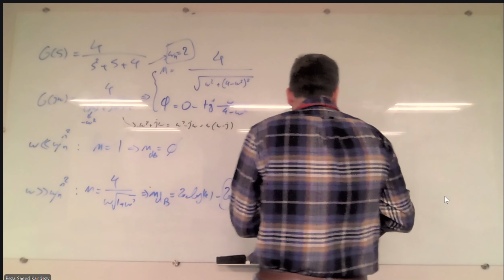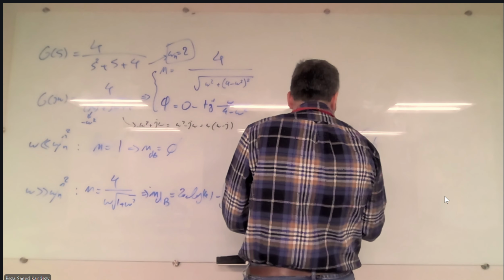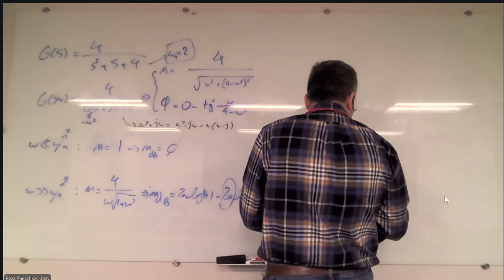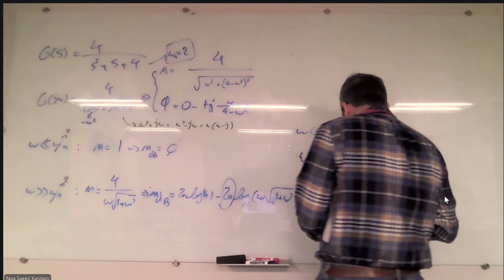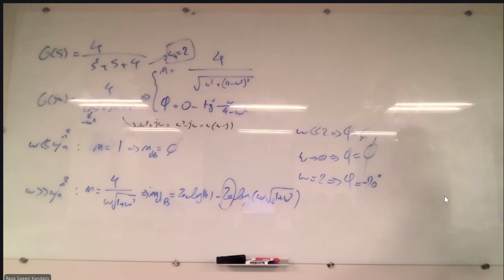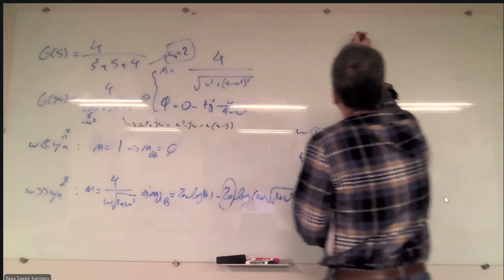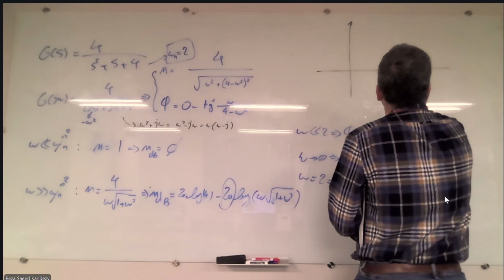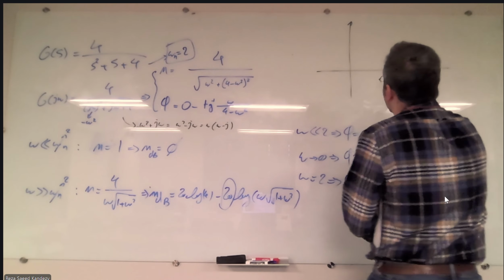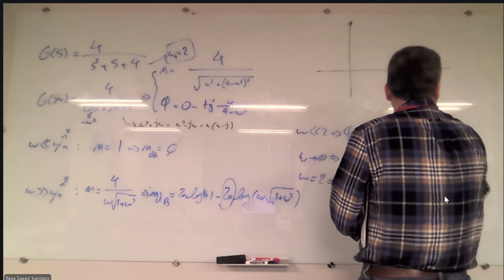So if omega is equal to 2, then we have minus 90 degrees. Are we good? Now, if we draw the asymptote, if we draw the Bode plot, this is our omega n, which is 2, and for the phase also.